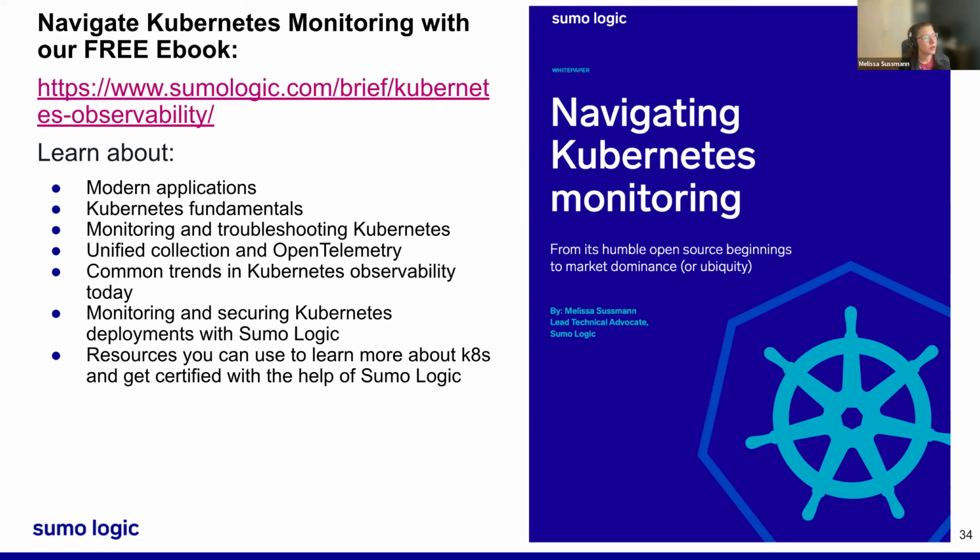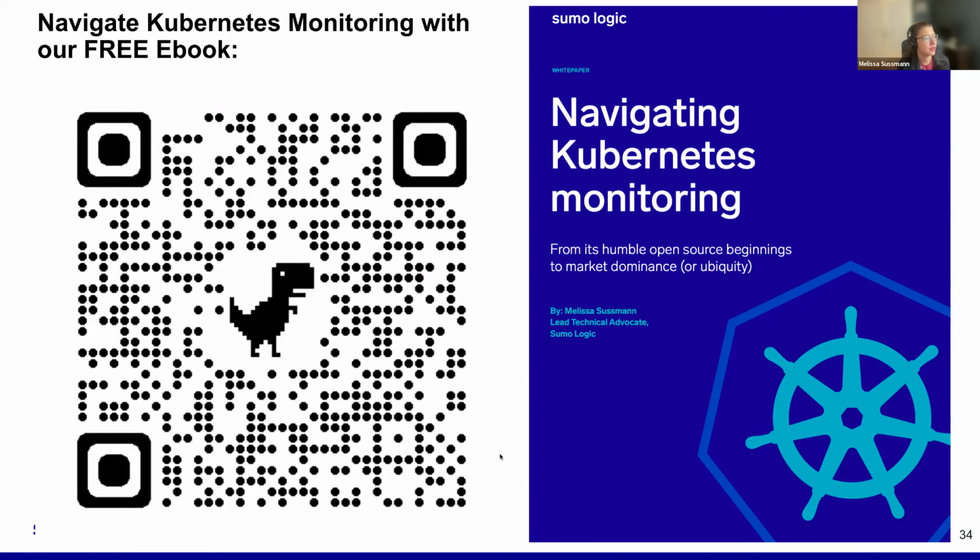Then it goes into common trends in Kubernetes observability, as well as monitoring and securing Kubernetes deployments with Sumo Logic. And there are resources you can use to learn more about Kubernetes and get certified with the help of Sumo Logic, because we also have certifications for monitoring. There's also another QR code if people want to look at that.